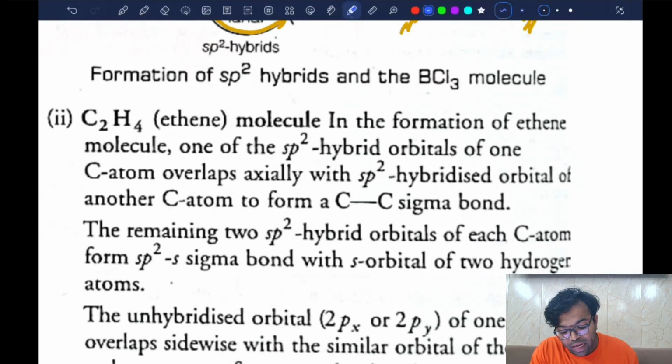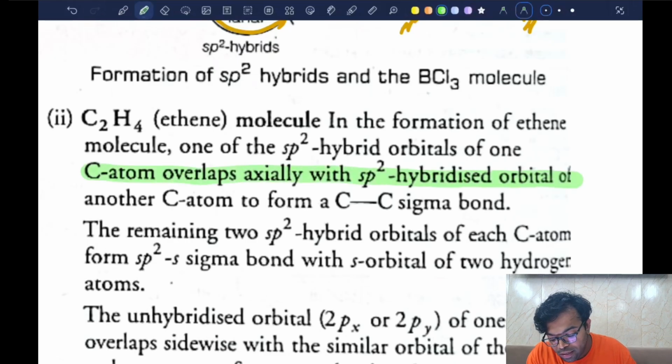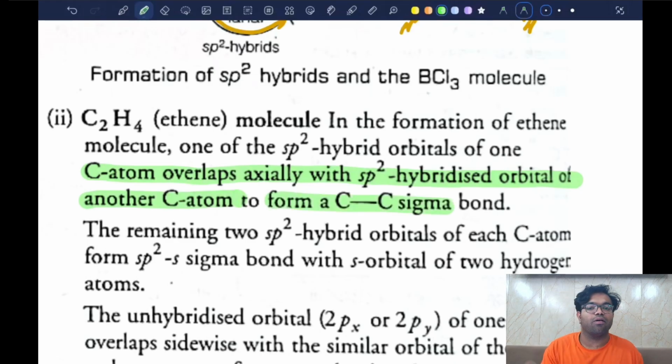In the formation of an ethene molecule, one of the sp2 hybrid orbitals of one carbon atom overlaps axially with the sp2 hybrid orbital of the other carbon atom, thus forming the carbon-carbon sigma bond. Again, the three orbitals are there.